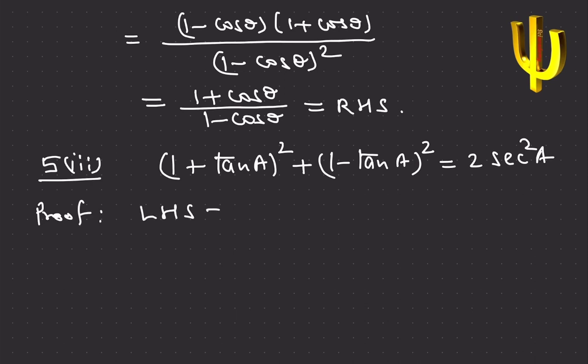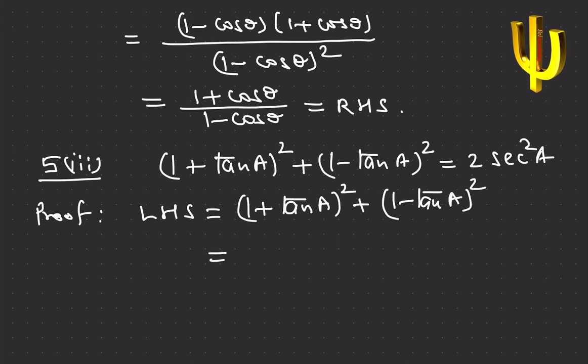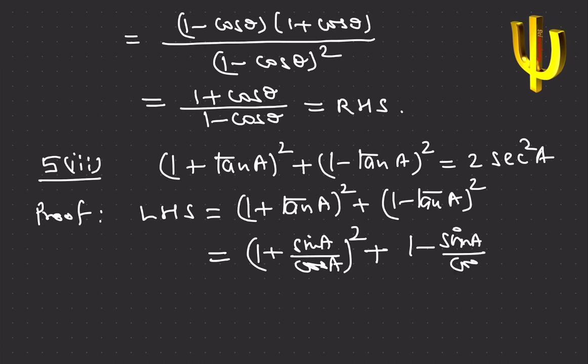LHS equals 1 plus tan A whole square plus 1 minus tan A whole square, that equals 1 plus sin A by cos A whole square plus 1 minus sin A by cos A whole square.